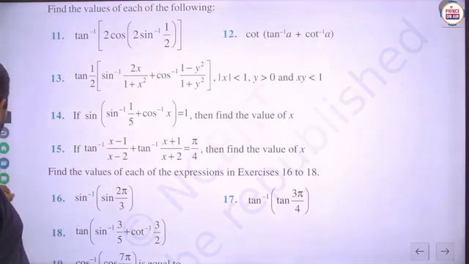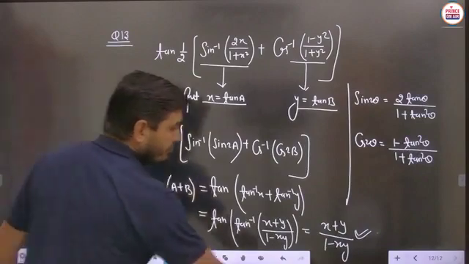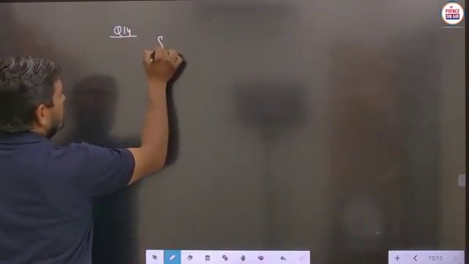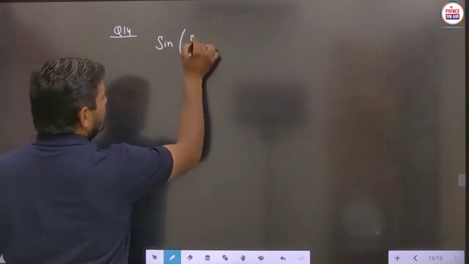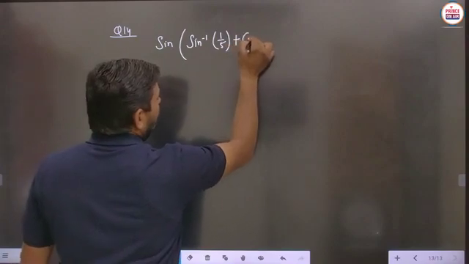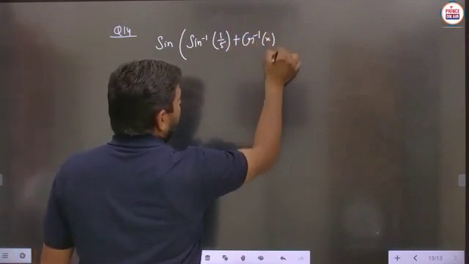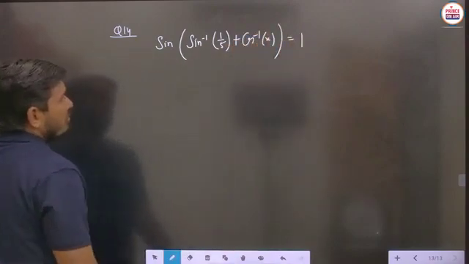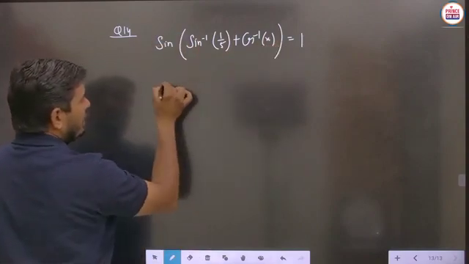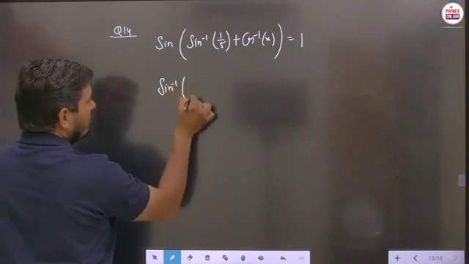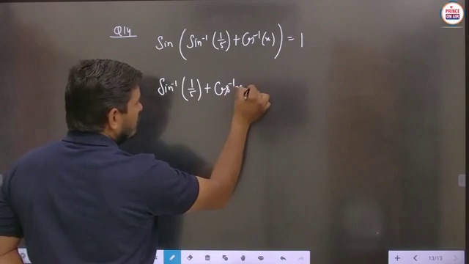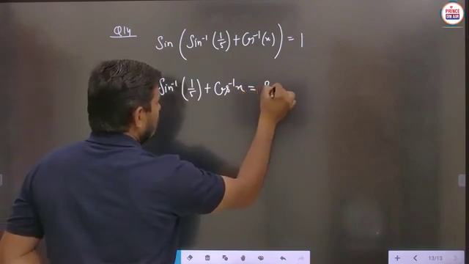So the question number 14 we will take. Here the question is given as sine of (sin inverse 1 by 5 plus cos inverse x) equals 1. Firstly we have to take the inverse, so this sine will go to the other side, then it will be written as sin inverse 1 by 5 plus cos inverse of x equals sin inverse of 1.